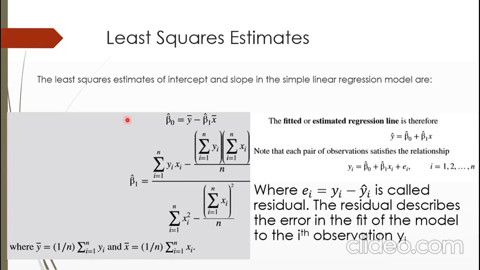And the fit of our estimated regression line is therefore y hat equals beta 0 hat plus beta 1 hat multiplied by x. Note that each pair of observations satisfies the relationship like this, where e is the residual. The residual describes the error in the fit of the model to the i-th observation y.